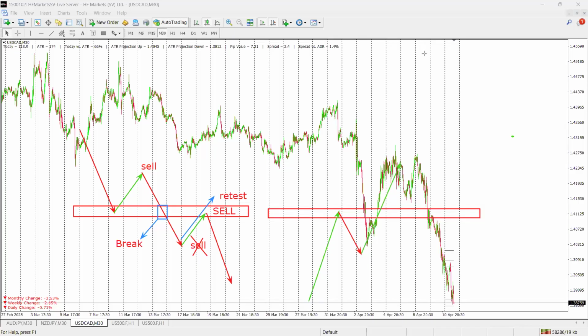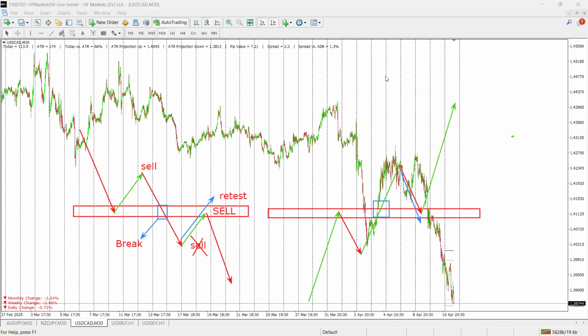Yes, there's been a breakout here. The strategy says after the breakout, don't just enter into a buy. Wait for price to return back to the level that has just been broken, what we call a retest, before entering into your buy trade.